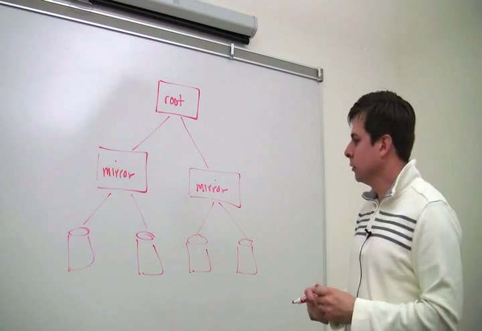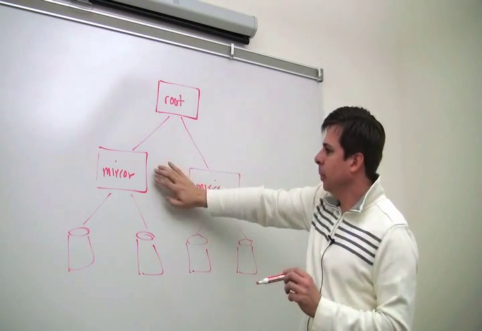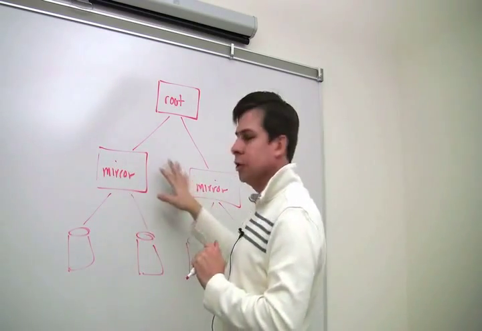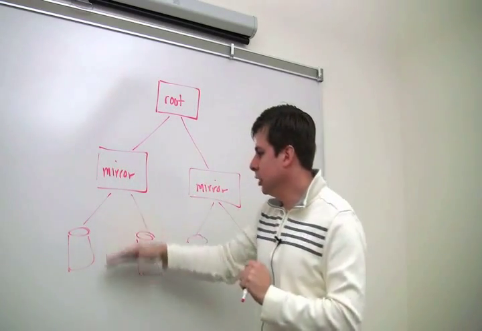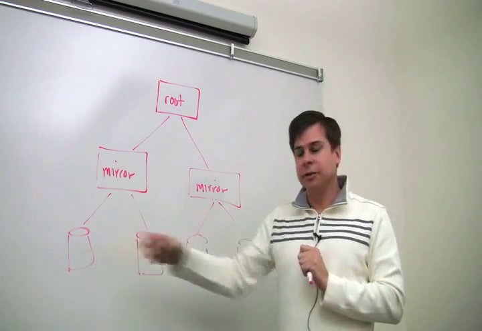So for our terminology, we have a root VDEV and two mirror VDEVs, and everything in here other than the physical disks is considered an interior VDEV. Below the mirrors, we have physical disks, and these are our physical VDEVs.